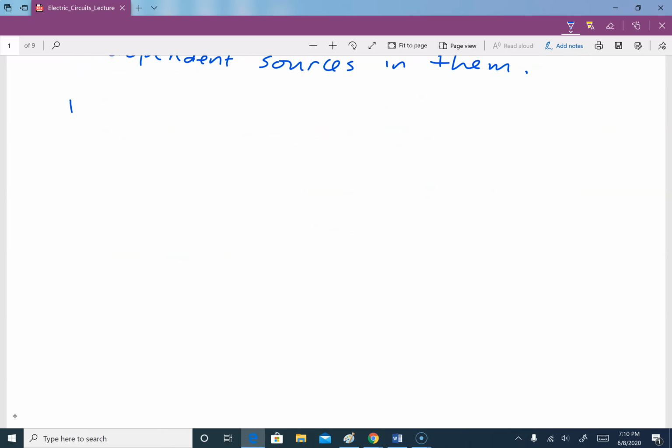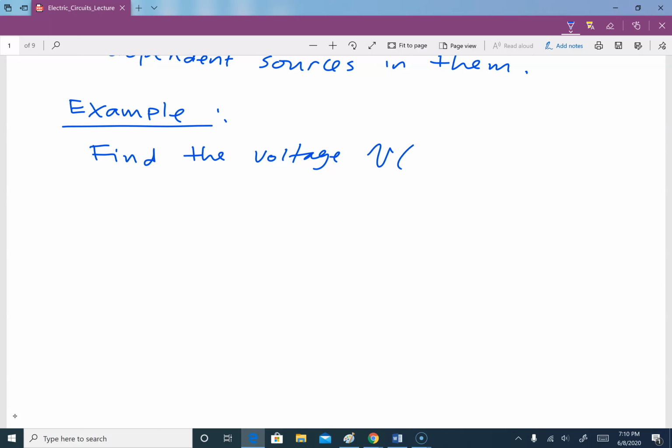So let us go over an example here. Let's say that the question is asking us to find the voltage V of t for t greater than 0. And our circuit is this.